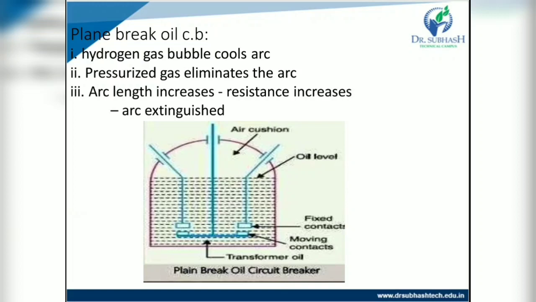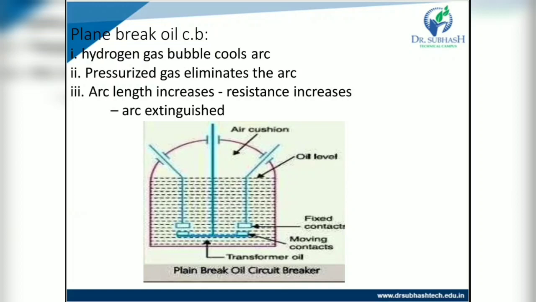So in all these oil circuit breakers, there is the same method. The hydrogen gas bubble cools the arc, pressurized gas eliminates the arc, and arc length increases as resistance increases, so the arc gets extinguished.